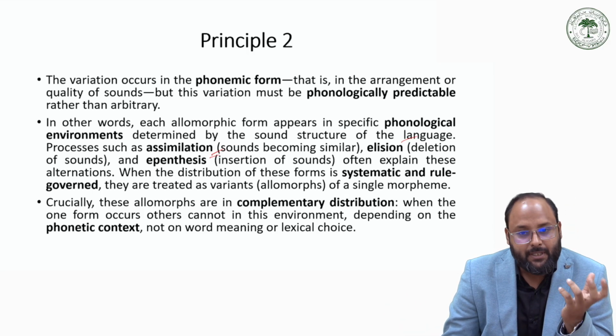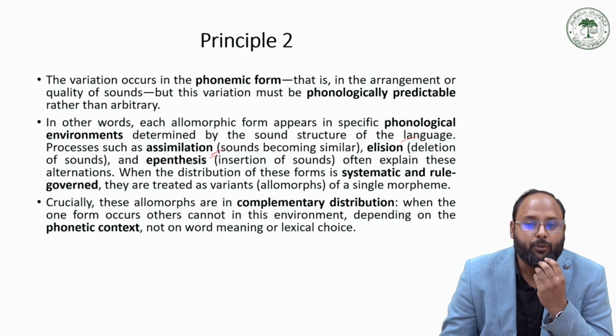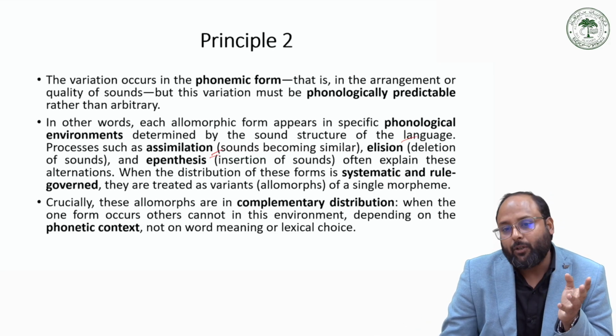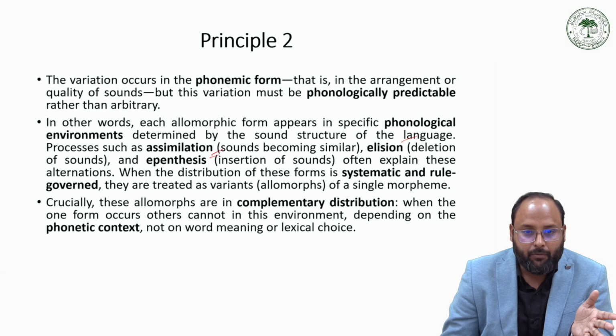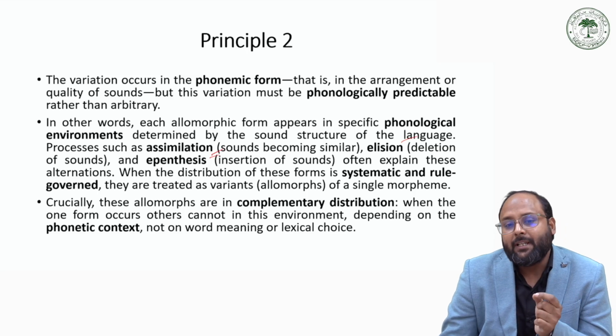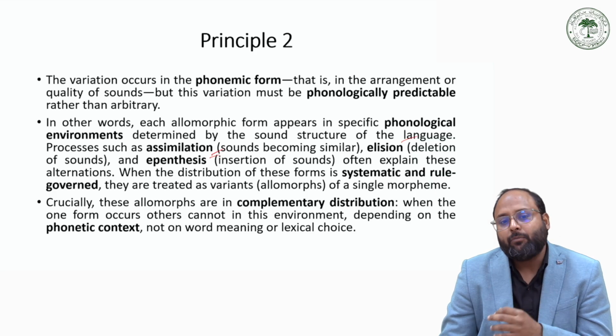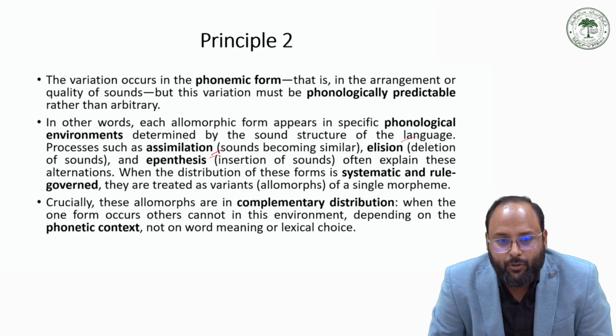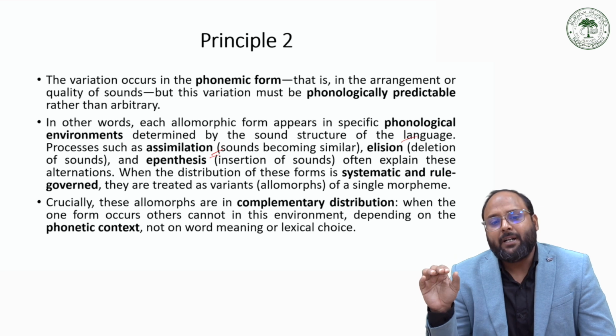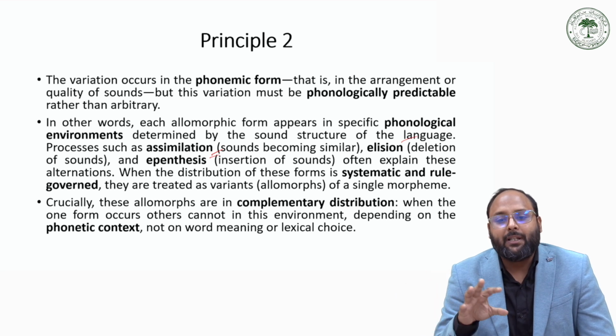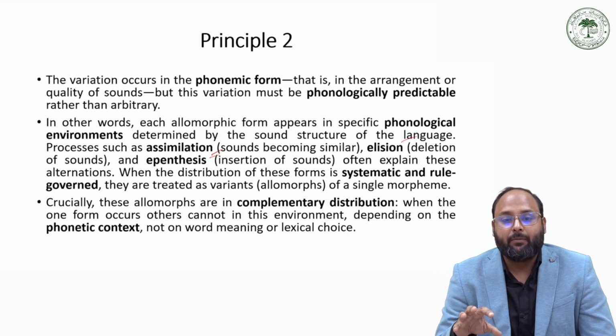Epenthesis means there is an insertion of a sound because of the joining of two morphemes or the joining of a bound morpheme, the prefix. So all the differences in the form are systematic and rule governed. And the allomorphs are also in complementary distribution, meaning when one form occurs in a particular environment, the other form cannot occur in that environment.